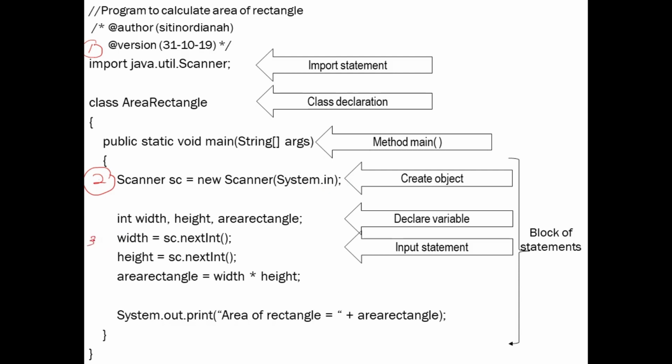The third step, you need to write the input statement for width and height. Width and height can be integer or double, but the suitable one is double, because width and height have floating point decimal values. Okay, that's all for the input statement.